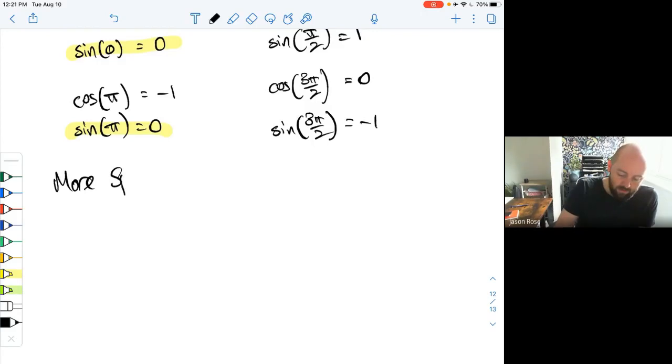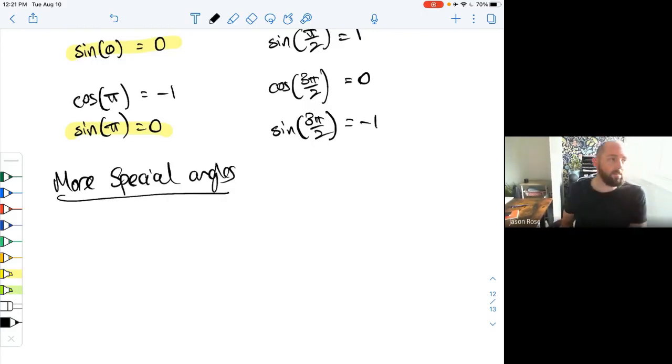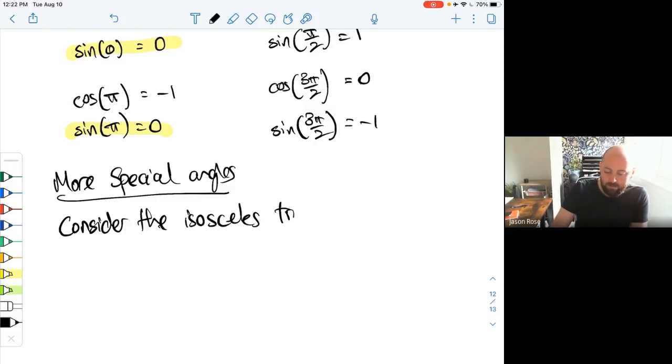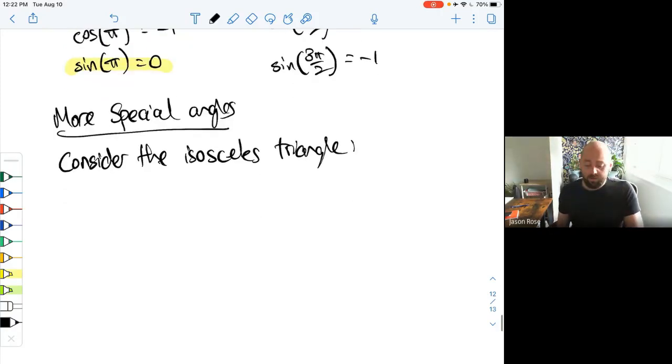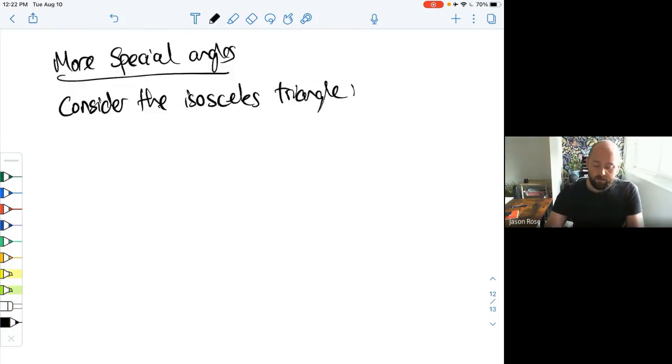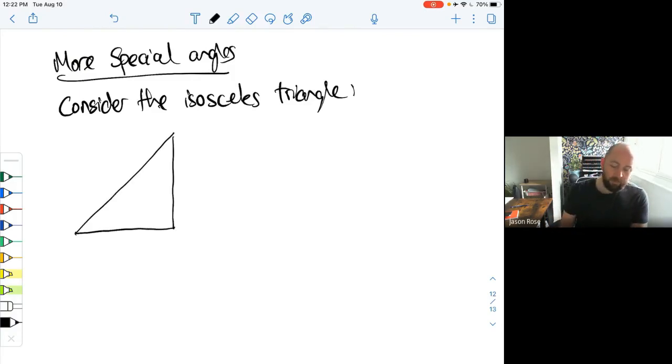So let's look at this. More special angles. Okay, so consider the isosceles triangle below. Right now we're just going to start with a random isosceles triangle that looks like this. It's a right angle triangle, because that's how we have to start with sine and cosine whenever we're talking about triangles.